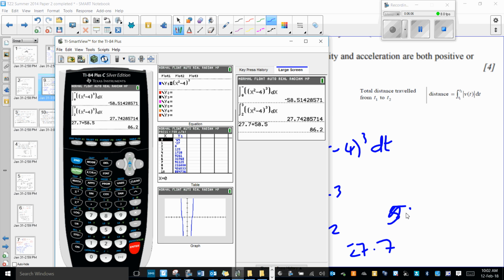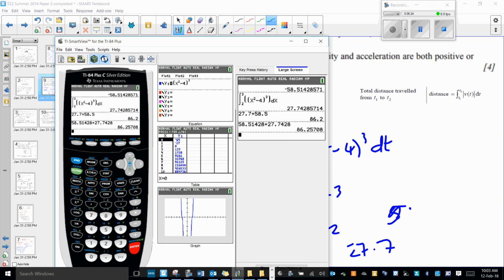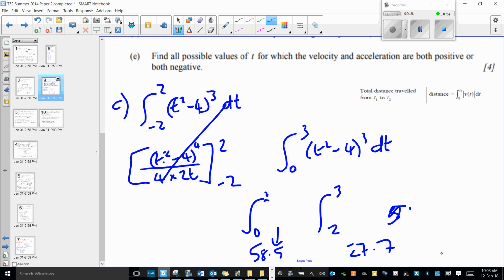Shouldn't have rounded quite so much. So 58.51428 plus 26.7, so it rounds to 86.3.